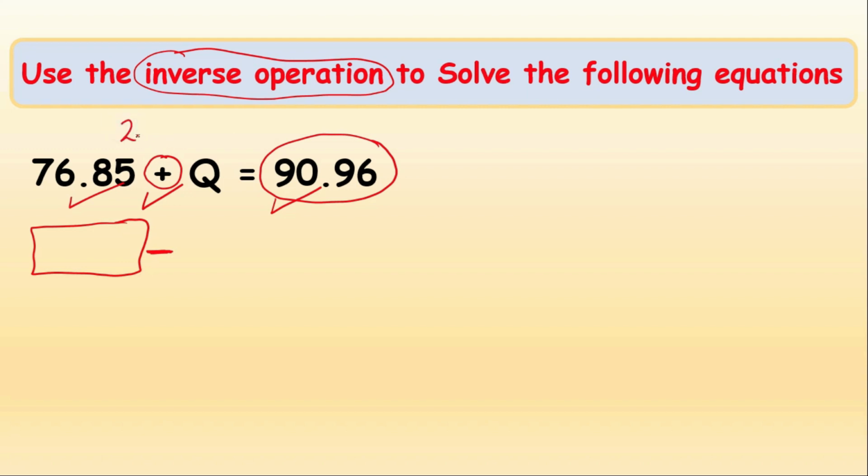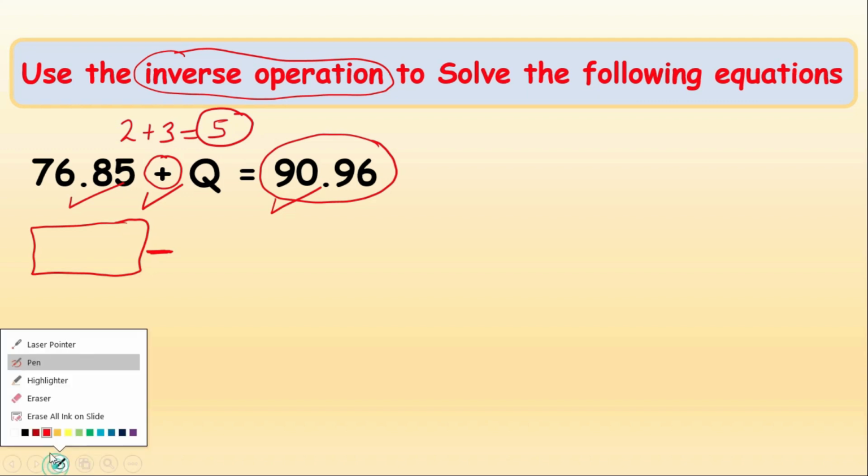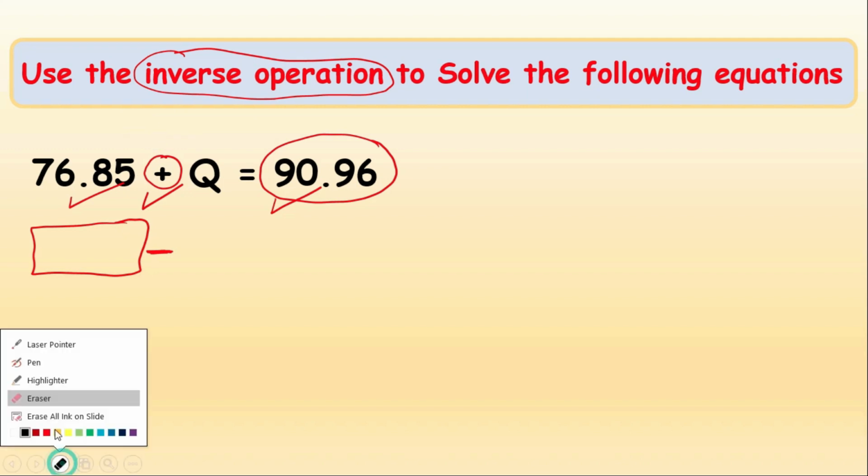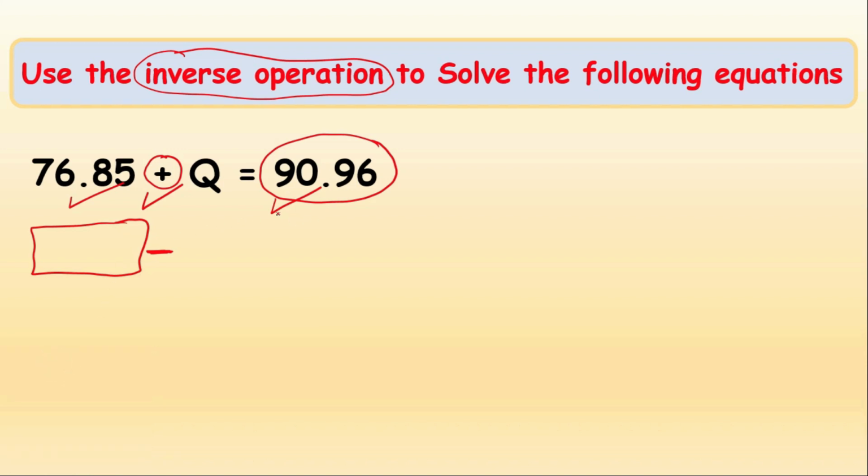If we write 2 plus 3 equals 5, the sum at the end, after the equal sign, is the greatest number. A simple example helps you to find the greater number. Now let's see, the greatest number is 90.96.